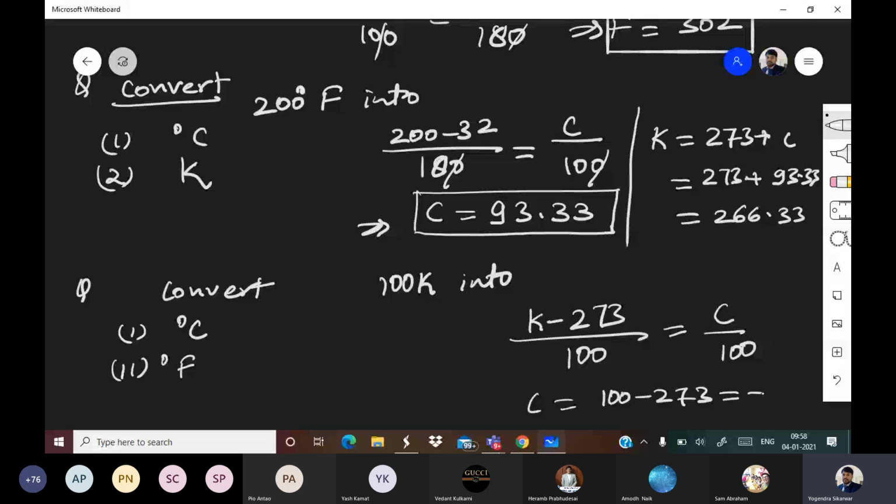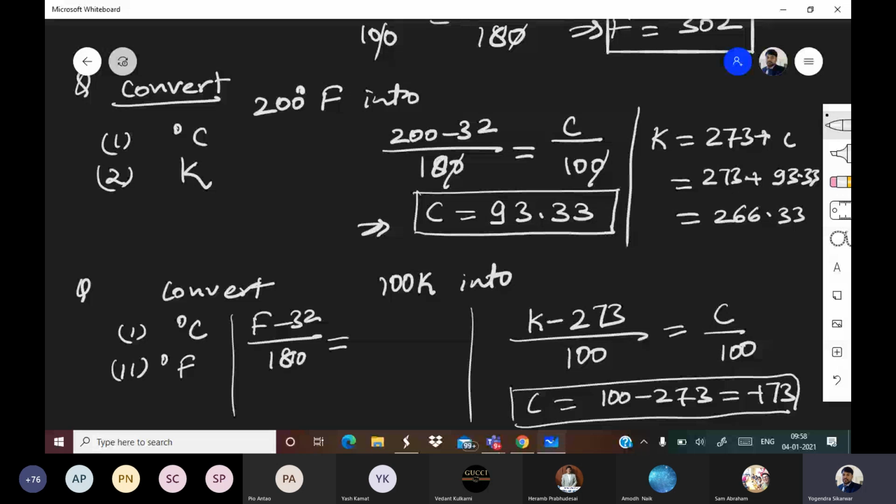Similarly, (F minus 32) upon 180 is equal to (K, which is 100, minus 273) upon 100. When you simplify, you get F equal to minus 279.4 degree Fahrenheit.